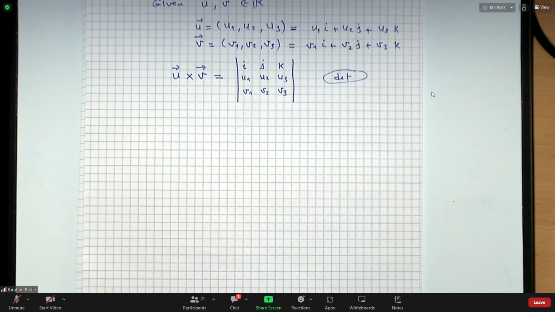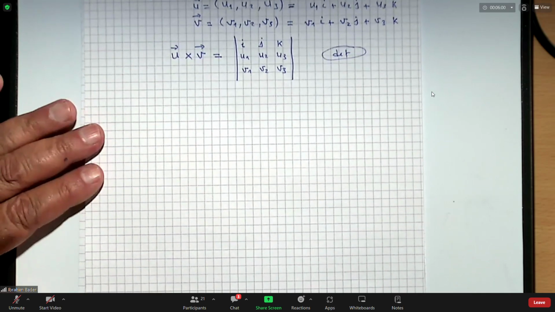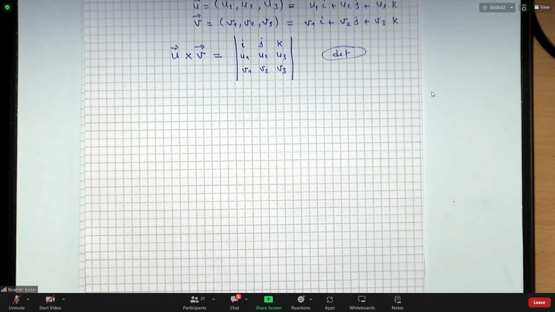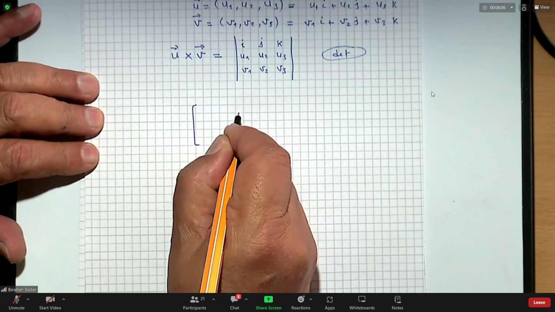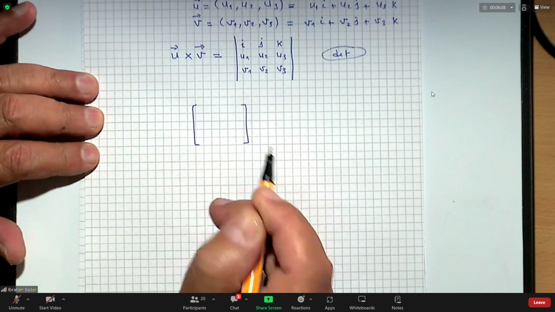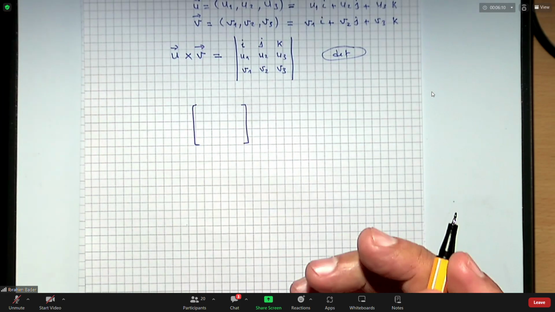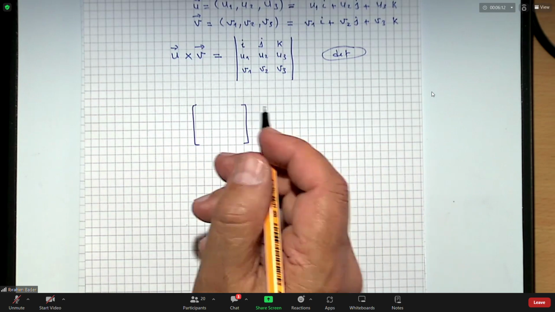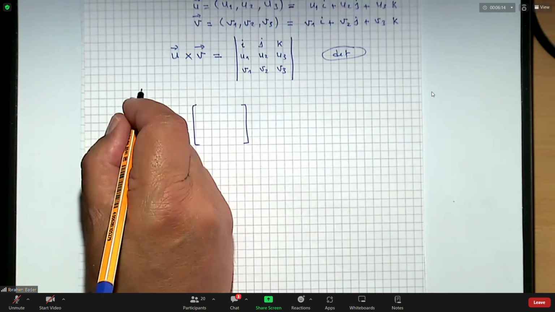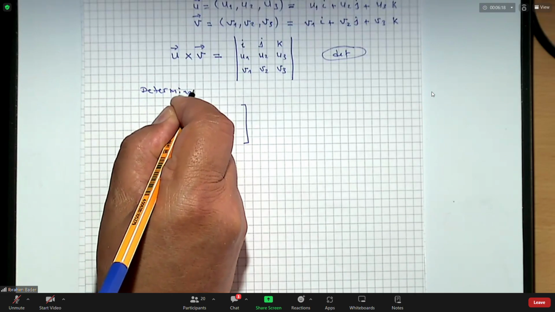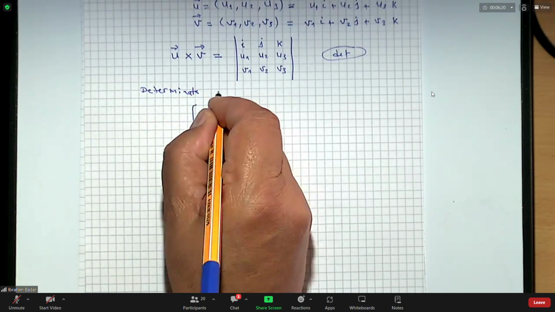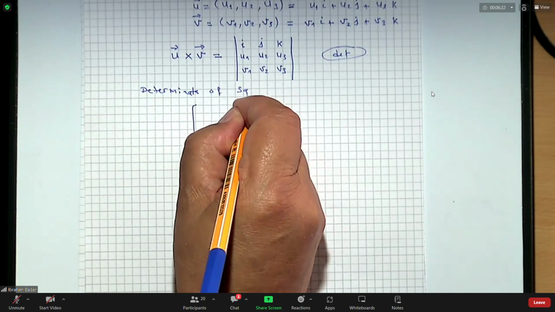Matrices are simply, you can think of it, arranging elements in some form. So here, the determinant of a square matrix.